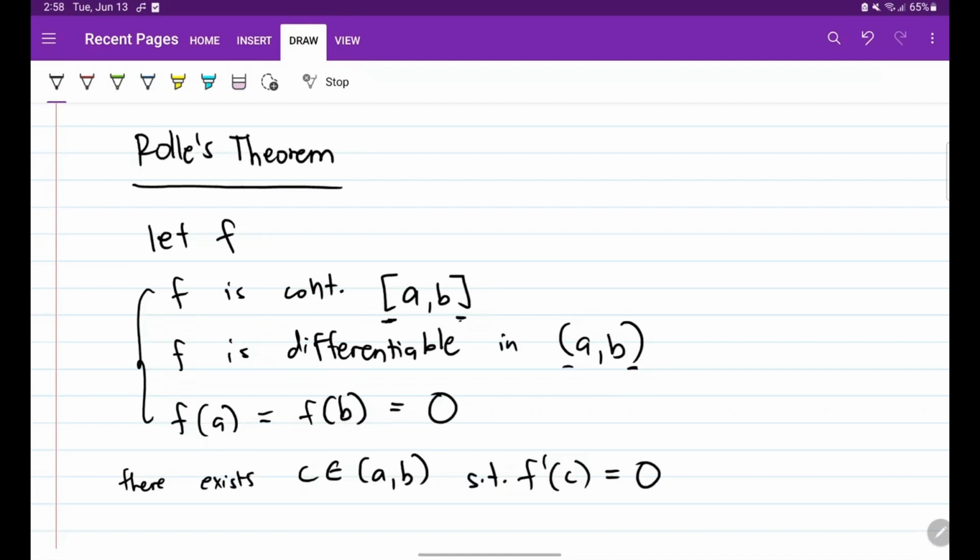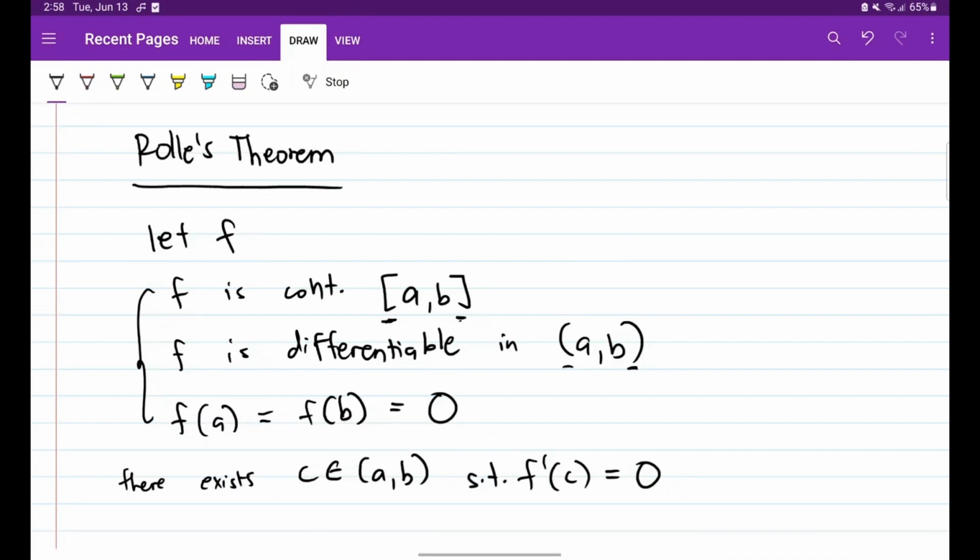Ito, sinasabi lang natin na pagka meron kang continuous na function, differentiable within a to b, and meron kang endpoints a, b na kapag ni-evaluate mo yung function doon ay 0, then meron kang point somewhere sa gitna ng a and b such that meron kang horizontal line, or meron ka ng derivative doon na equal to 0. Okay?